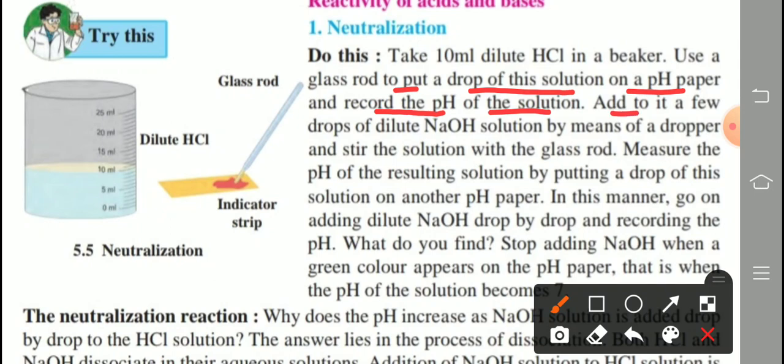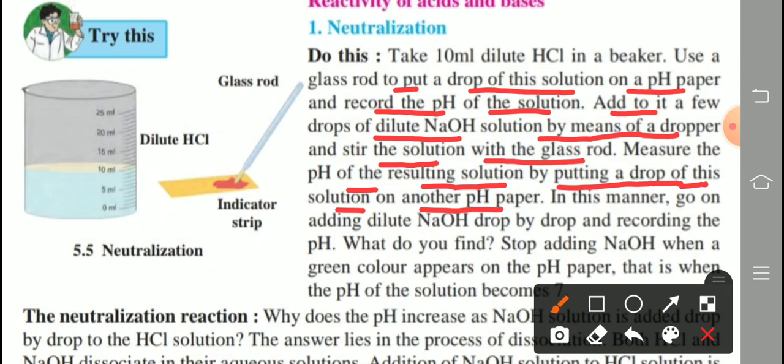Add to it a few drops of dilute NaOH solution by means of a dropper and stir the solution with a glass rod. Measure the pH of the resulting solution by putting a drop of the solution on another pH paper. In this manner, go on adding dilute NaOH drop by drop and record the pH.